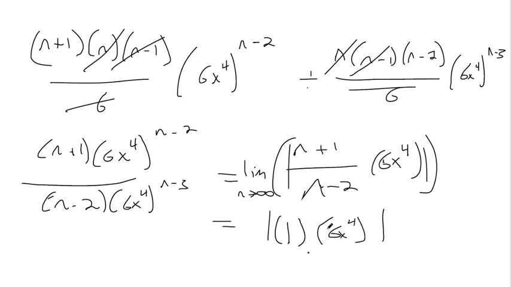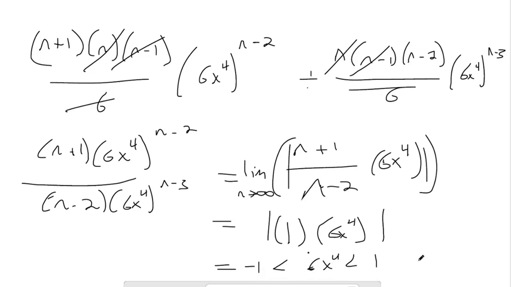Still an absolute value. So that means that, since we're looking for the radius of convergence, the absolute value needs to be between -1 and +1. Otherwise, it's not going to converge, right? So that's why we had to add this inequality. This has to be between -1 and +1.